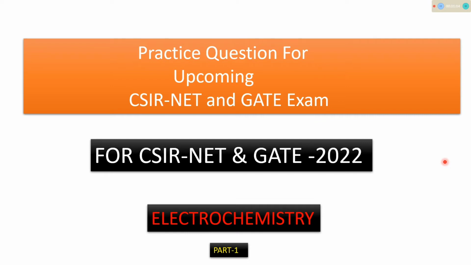Or you can find one question in part B and one question in part C, so 6 marks. So every year in the NET exam you will find a minimum of 6 marks or a maximum of 8 marks from electrochemistry.